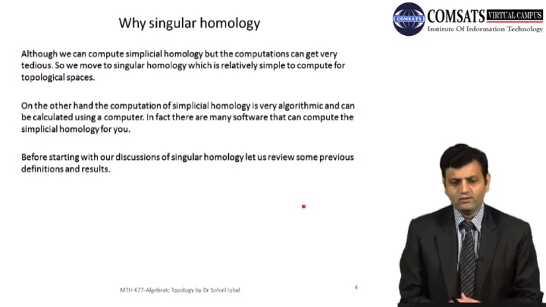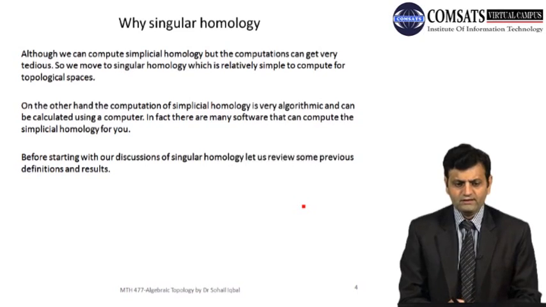So why singular homology? That's the question. Although we can compute simplicial homology, computations can get very tedious. For example, if you are trying to triangulate some complicated surface or some complicated topological space, the triangulations could be many, and then it will be complicated to compute the simplicial homology.